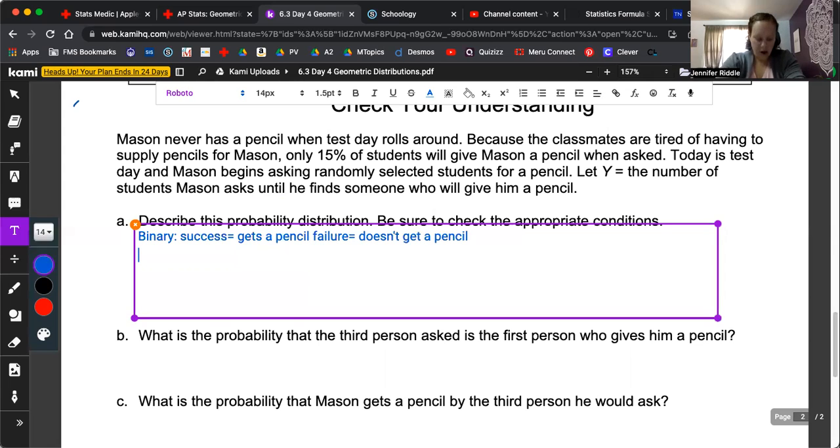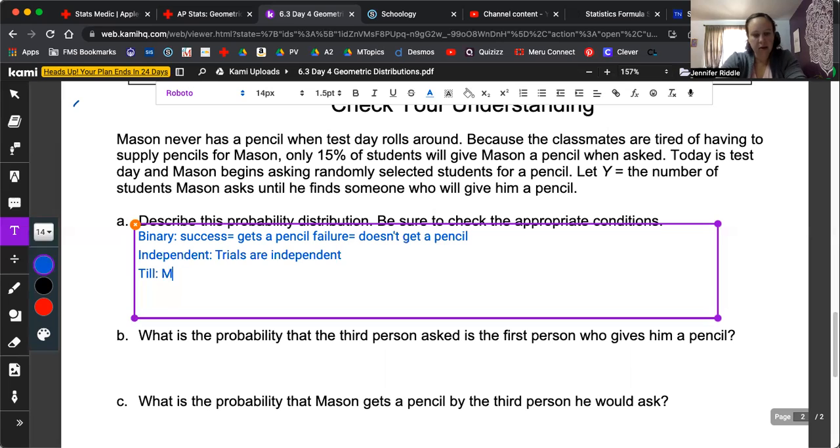For I, we're still looking at independent. We know that the trials are independent. One person giving him a pencil does not affect the next person giving him a pencil or not. Instead of N, a set number of trials, now we have T, that like till thing.